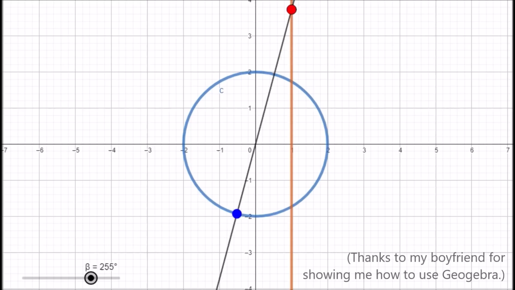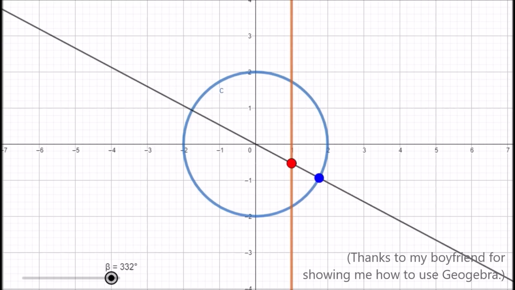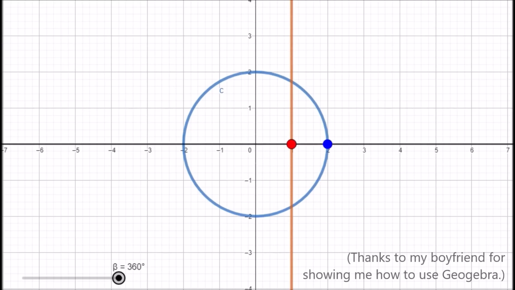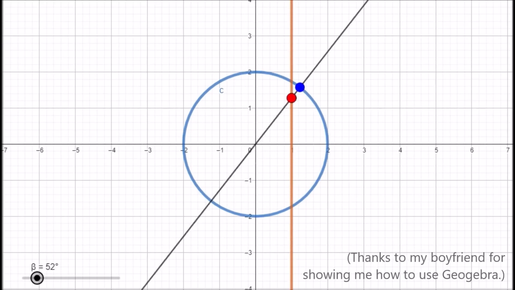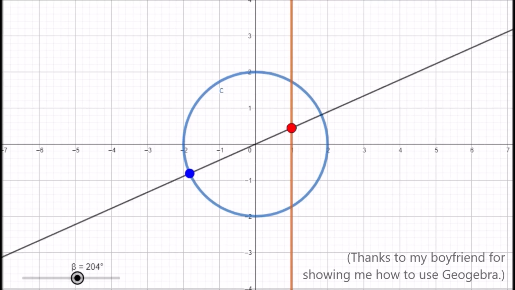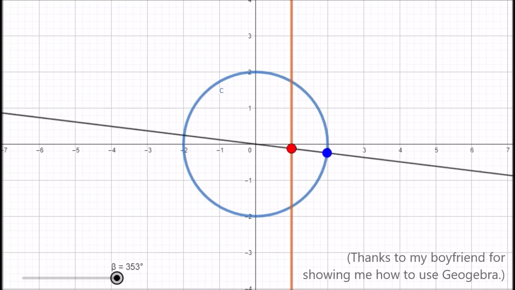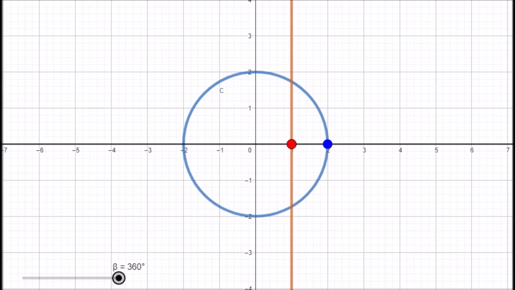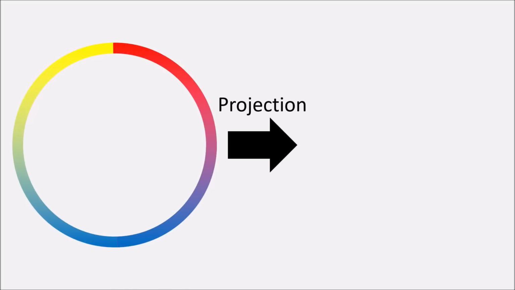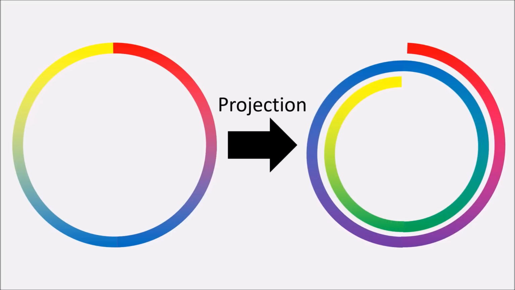The next half turn on the circle corresponds to another loop on the real projective line. So 1 turn around the circle corresponds to 2 full turns around the real projective line. It's almost like the projection takes the circle and makes it curl around on itself, so that it wraps around twice instead of just once.